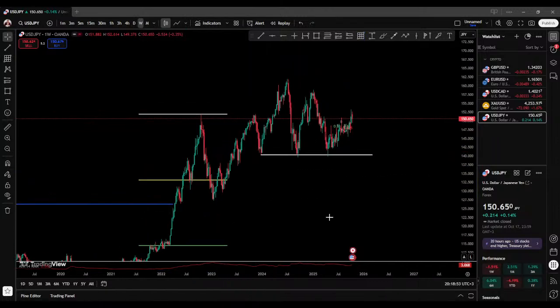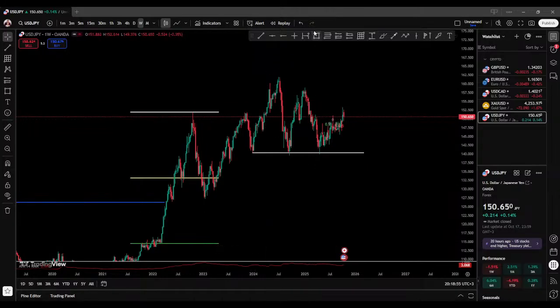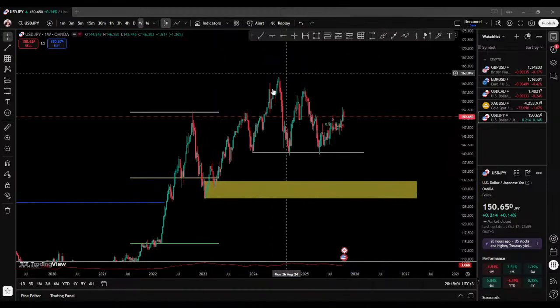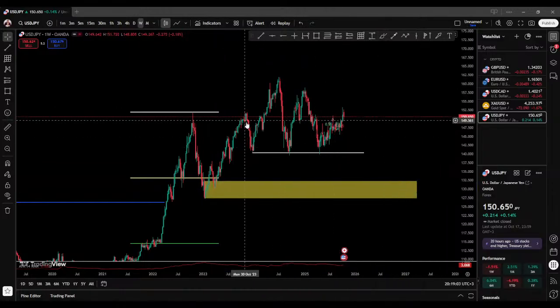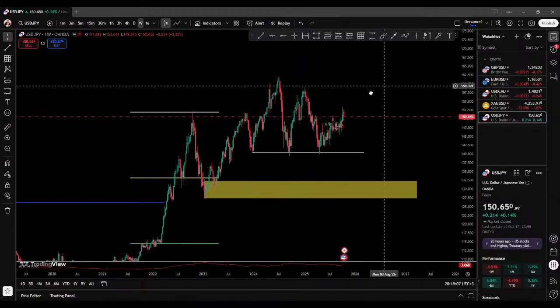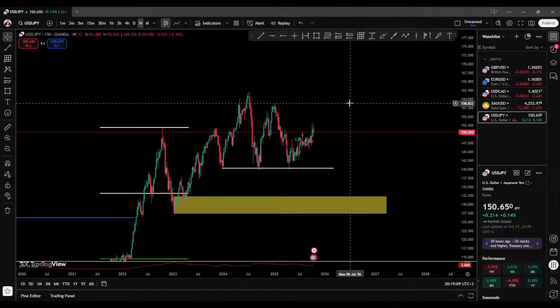So that tells you that our main order block in the weekly time frame is here. Everything else happening here is inducement.